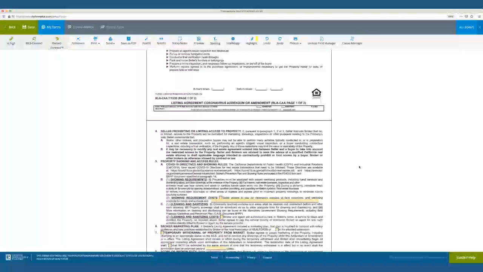So in regards to showings, there are guidelines to show it. They are attached. I'll show you them in a bit. The requirement is that properties must be equipped with proper sanitizing products, including hand sanitizer. It says disinfecting wipes, but nobody can find these.